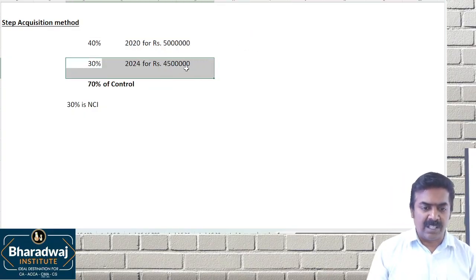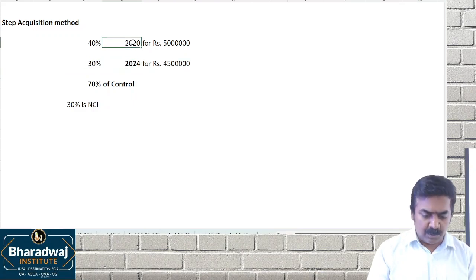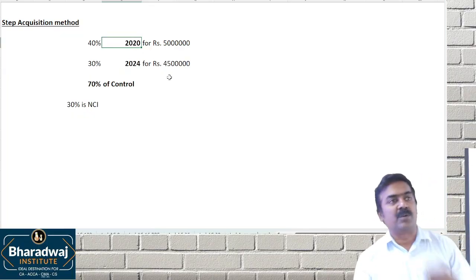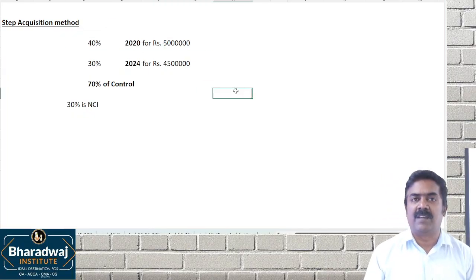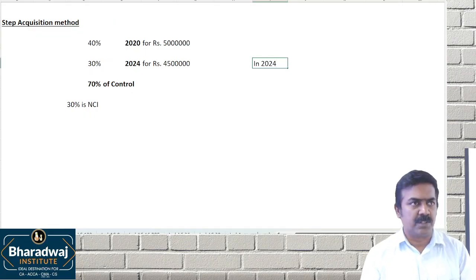Simple. If 30% is acquired in 2024 for 45 lakhs now, in 2020, the same thing, what would have been the value for 40%? Simple. In 2024, let us assume this is today.